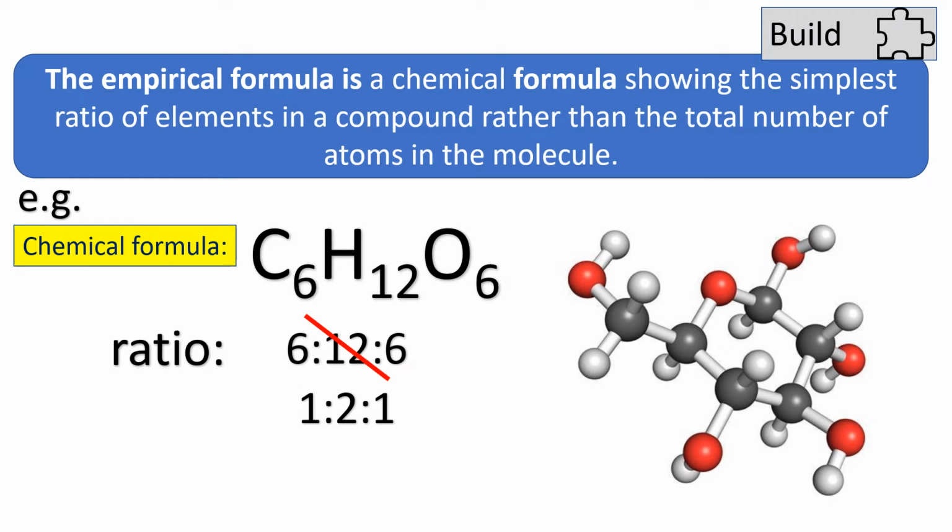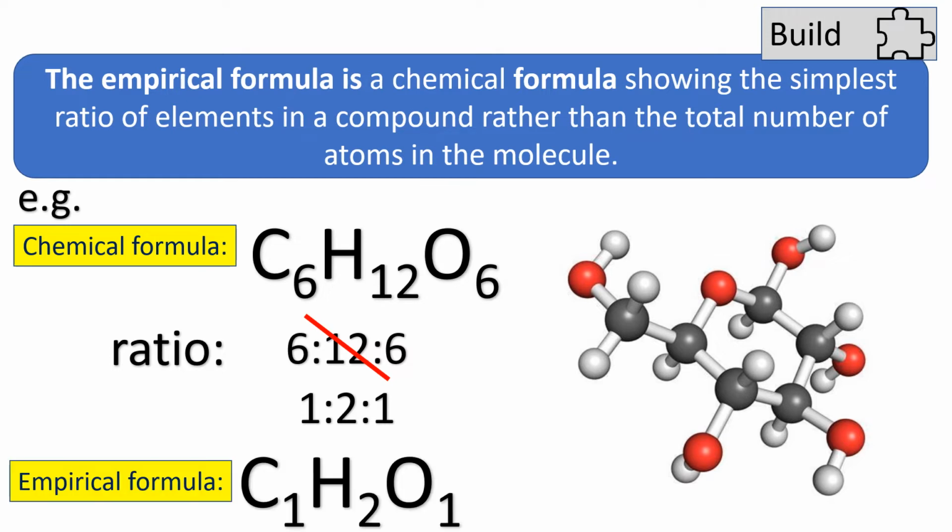So my empirical formula is not C6H12O6, but is C1H2O1. Or if I take away the ones because we don't tend to write them, CH2O. So the empirical formula is simply the simplified ratio of the atoms.